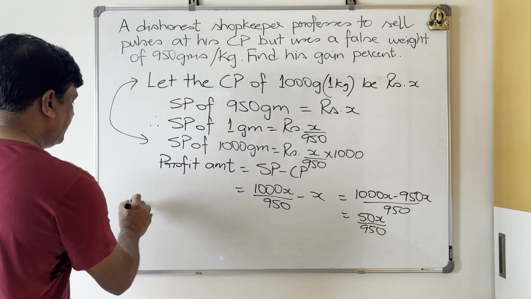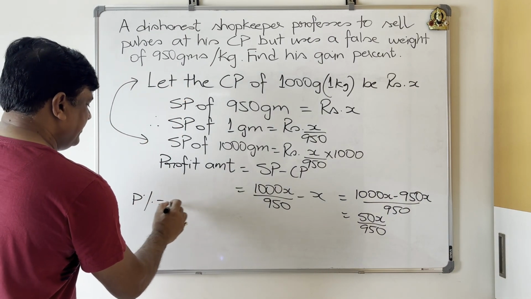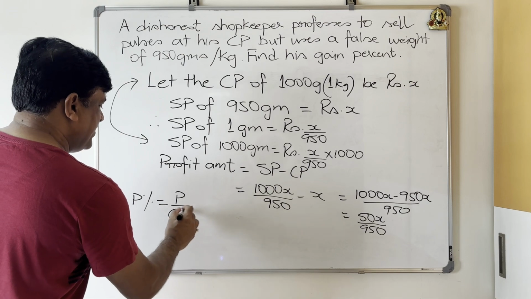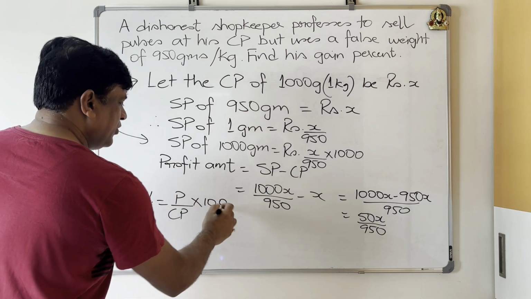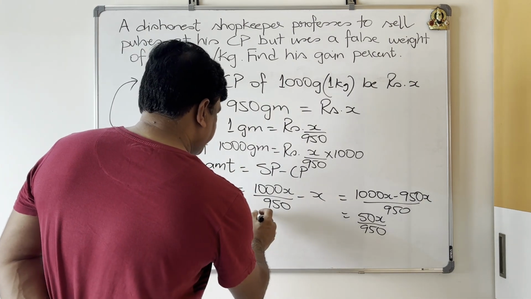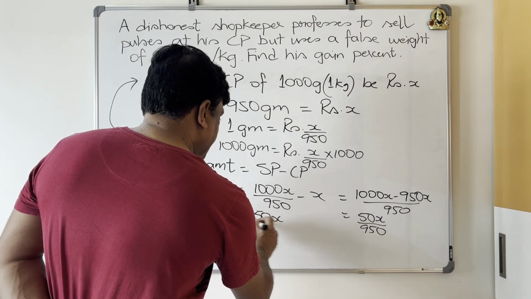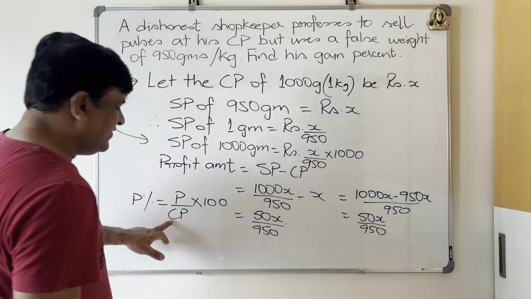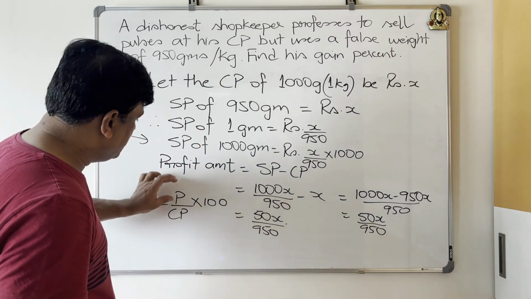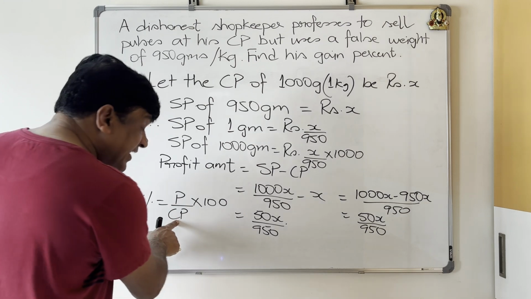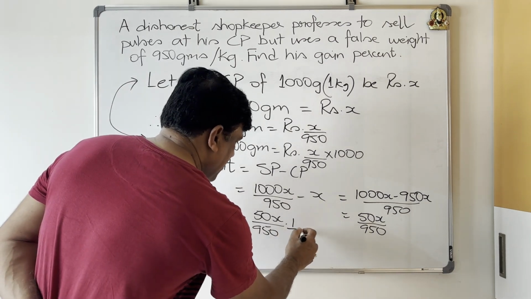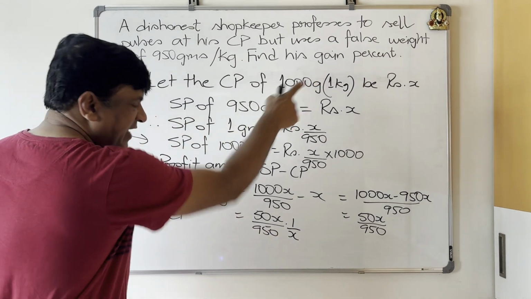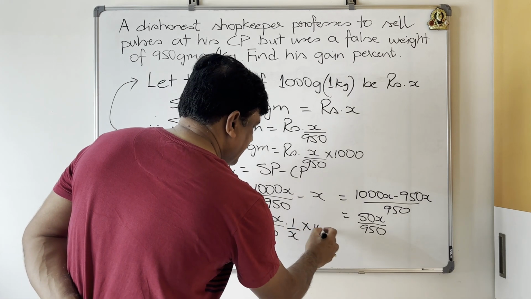So what is profit percent? Profit percent is nothing but profit by CP into 100. So what is your profit over here? It is 50x divided by 950 into, what is the CP? This is the profit in the numerator, divided by CP. So it will be 1 by x, because your CP was x over there, times 100.